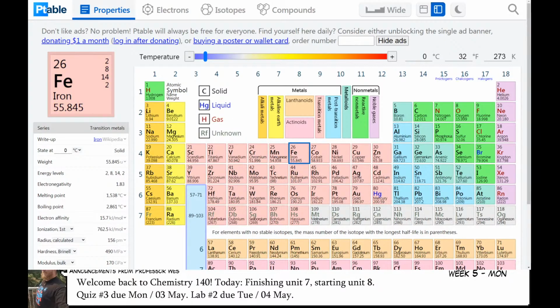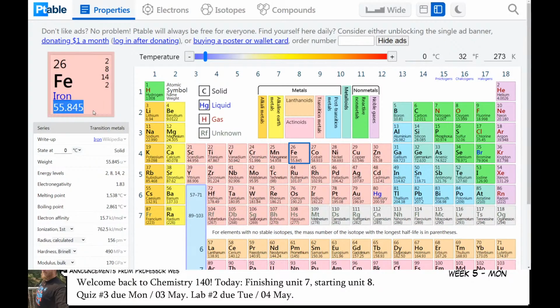And you can see that down here at the bottom, this number right here is the atomic mass of iron. But that number is the average of all the isotopes that are naturally occurring. So on average, if you scooped out a bin from a bin of pure iron, the average atom of iron in there would weigh 55.845 AMU.